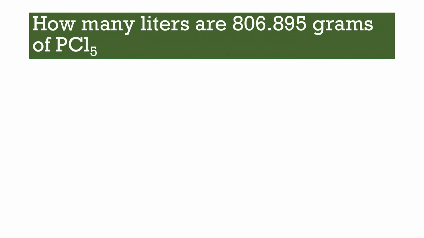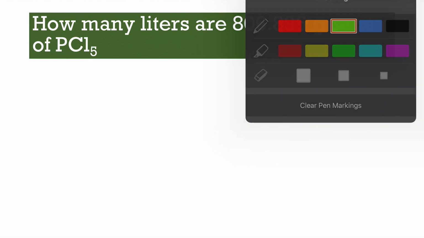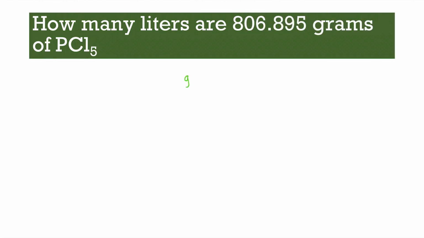Okay, so if we're looking at this question, how many liters are in 806.895 grams of PCl5? It says we want to go from grams to liters. Now, the problem is we can't go directly from grams to liters. What we have to do instead is go from grams to moles, and then moles to liters.